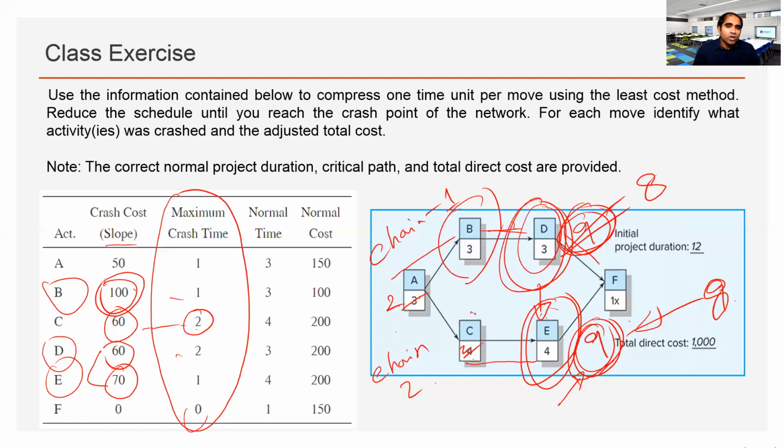We check the duration starting from A. We have chain 1 and chain 2, both starting from A. A is the burst activity, bursting into B and C. From C, we cannot go to A. There are 2 chains, both originating from A.